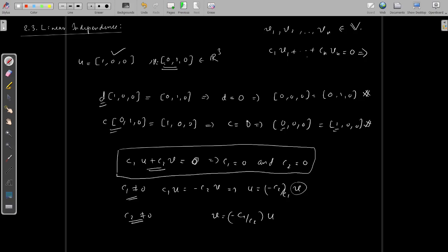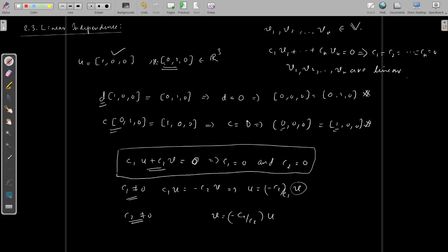If by assumption this gives c1 equal to c2 equal to all the coefficients equal to 0, then we can say that v1, v2, etc., vn are linearly independent. So this is a definition.